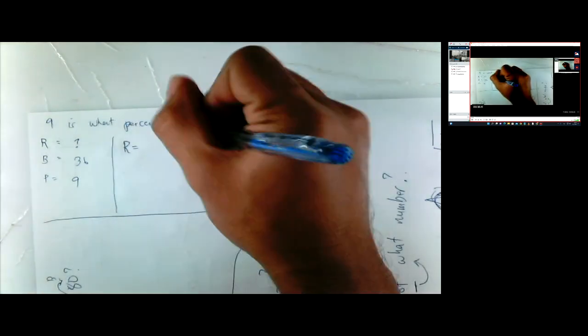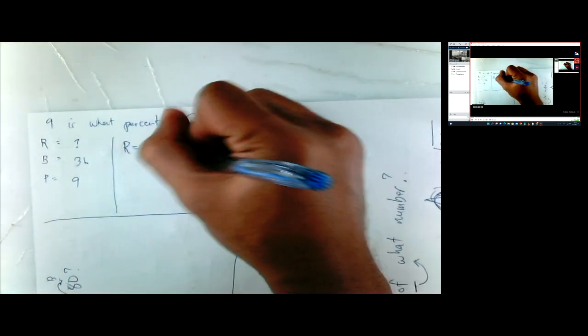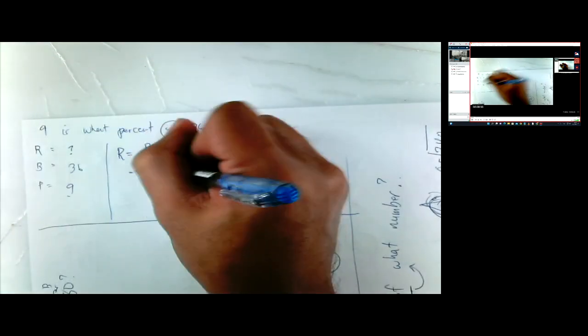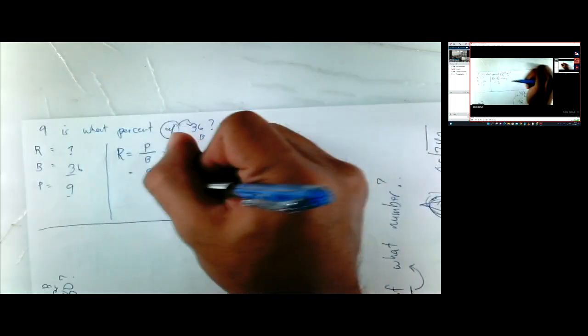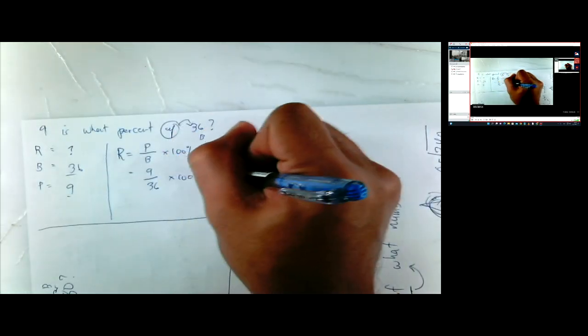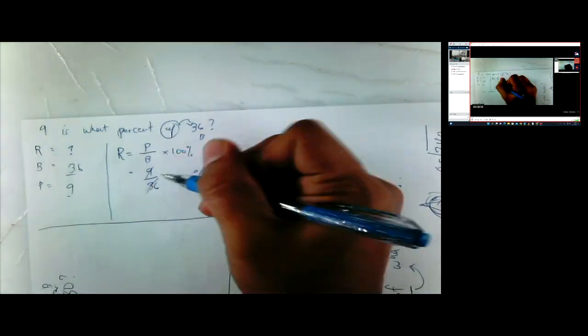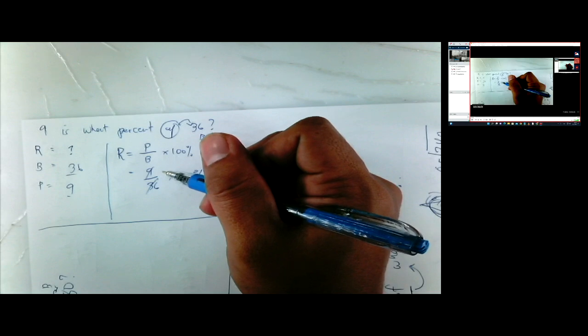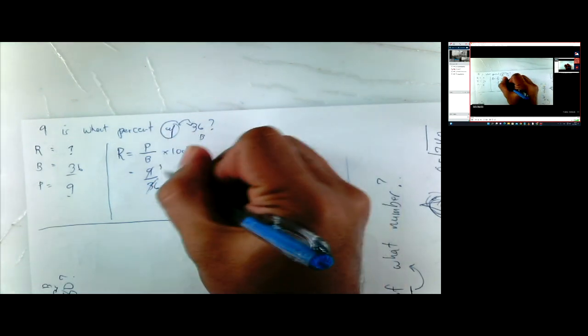Now, since we already decided what is missing, identify the formula. Rate is equal to P over B times 100%. And what is your P? 9. What is your B? 36. Times 100%. Now, let's simplify 9 and 36. You can divide them by 9 over 9. So this will be 1, this will be 4.